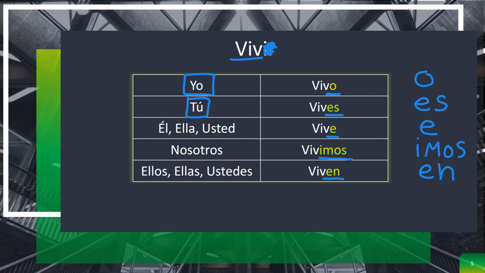For tú, vives. For él, ella, usted, it's vive, because you add the E. Nosotros vivimos. For ellos, ellas, ustedes, you add the EN and you get viven. So for vivir, you get vivo, vives, vive, vivimos, viven.